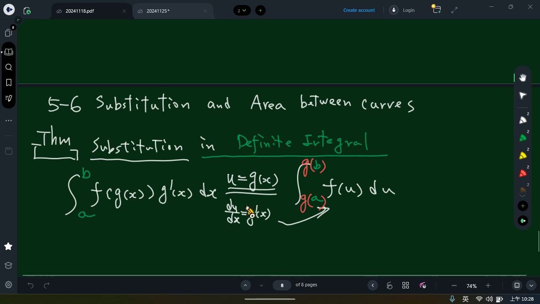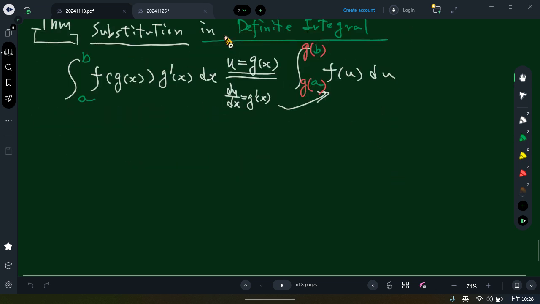So very similar, if you let u be g of x, remember immediately calculate du over dx, so that you can get the relationship between du and dx, then become this one. And also remember, for the substitution in definite integral, remember to change the two limits for the integral, because we will just follow the new form.